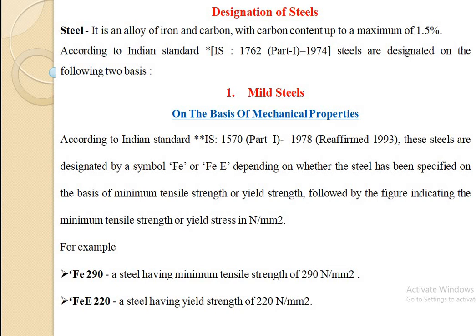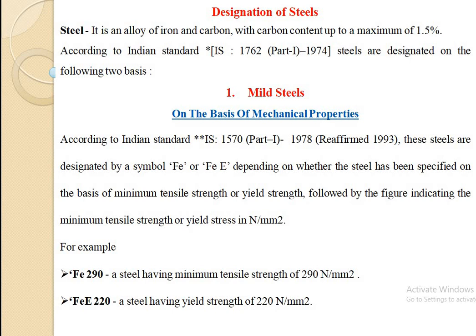Means if I want to select a particular, say, cast iron or steel, then I should know what is the designation of that steel. From that designation, from that nomenclature, we will get an idea regarding the mechanical properties and chemical composition of that particular cast iron or steel.